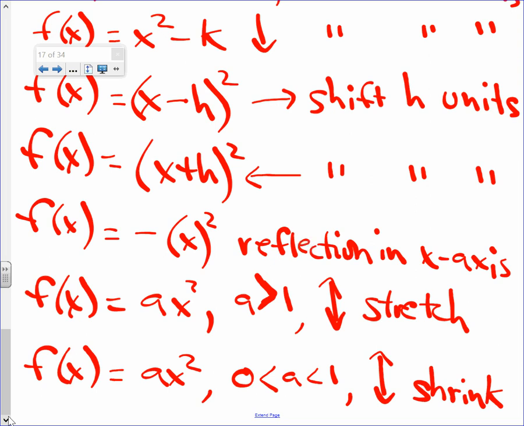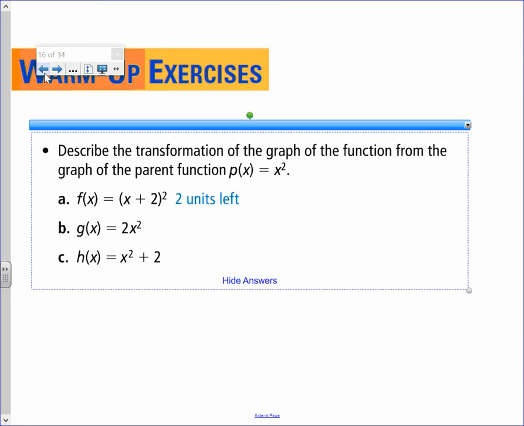Is the coefficient in front of the x greater than 1? Or is it greater than 0 and less than 1? In other words, is it a fraction? So coming back over here, the coefficient is not a fraction, it's greater than 1. Hence, it's a vertical stretch by a factor of 2. Vertical stretch by a factor of 2. Okay? That's how you'd write it.